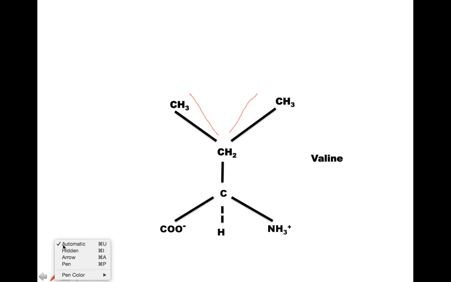Now again, if I ask which one is more hydrophobic, alanine or valine, we can understand that this has 2 more groups attached to the alanine, which are aliphatic groups. So this will be more hydrophobic.